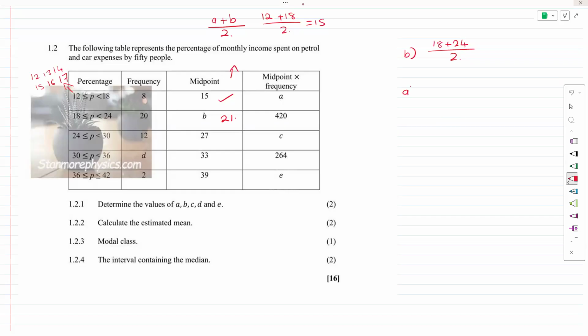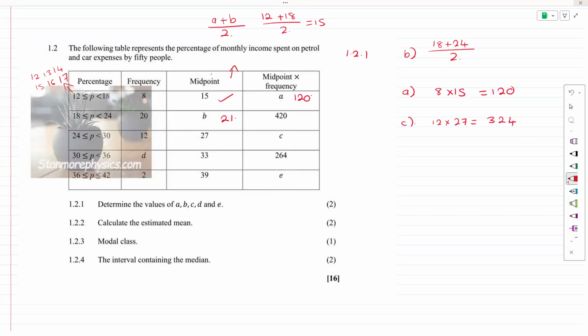For A, you're going to take 8 times 15 because we're taking the midpoint multiplied by the frequency. 8 times 15 is equal to 120. C would be 12 times 27, which is equal to 324.